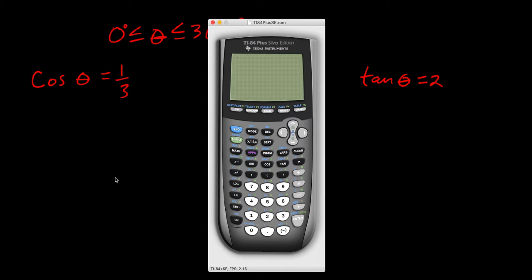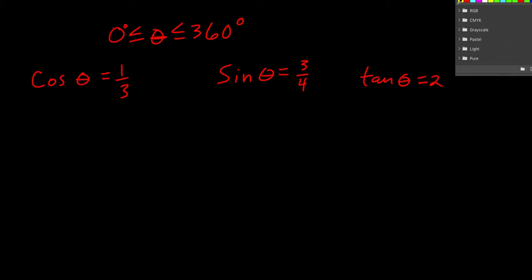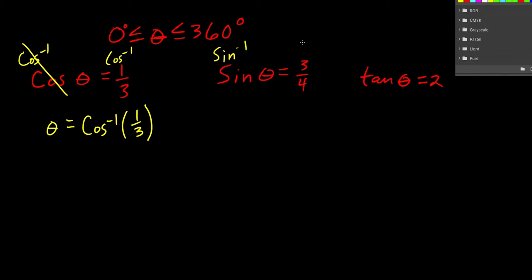Now, I guess before the calculator, we need to do the inverse trig function to get theta by itself. And so I'm just going to do an inverse cosine on both sides. And so we get theta, because these cancel, is equal to the inverse cosine of 1/3. Okay, same thing's going to work right here, but it's going to be an inverse sine.